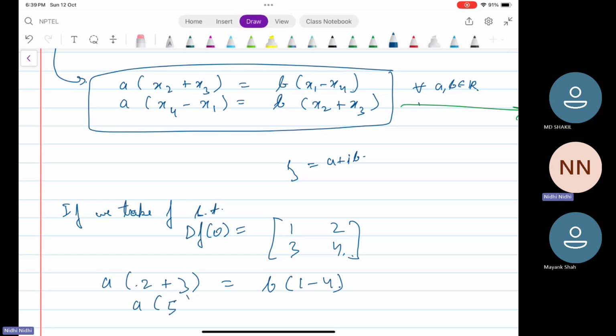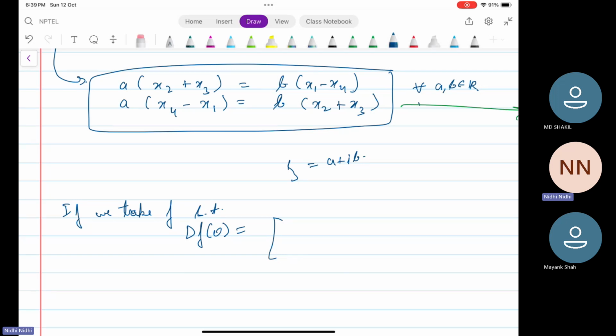A times 5 is equal to minus 3b. This might not happen all the time, but this might happen for some also, so it's better to go on the safer side. Yeah, this is also fine because in order to get linearity, this should happen for every a, b.